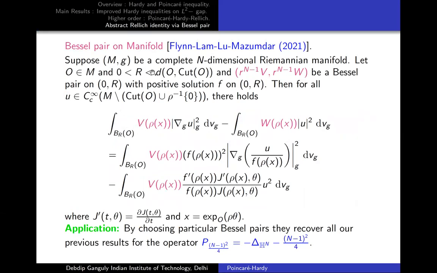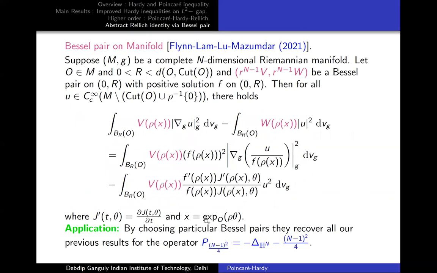Let M be a complete n-dimensional Riemannian manifold, and R is less than the distance from 0 to the cut locus. Of course, the cut locus for a Cartan-Hadamard manifold is infinity. So R can go up to infinity in a Cartan-Hadamard manifold, and if V and W, with R to the power n minus 1, form a Bessel pair, then this abstract inequality holds true.